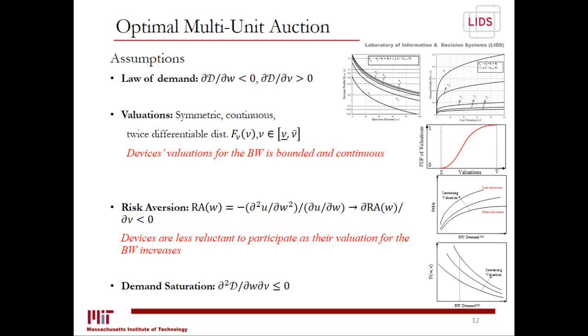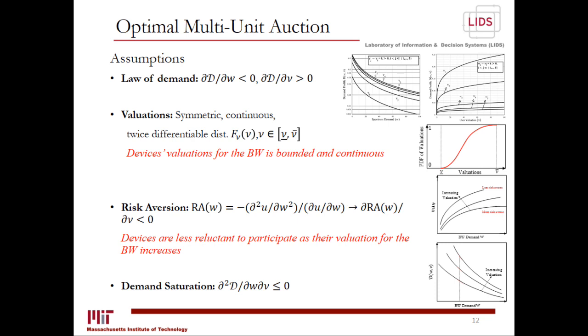So for example, device number 1 is operating on this curve, device number B is operating on this curve. And because the valuations are hidden from each other, these two devices don't know on which curve they are located. So as soon as the demand increases for the bandwidth, we say that the price decreases.